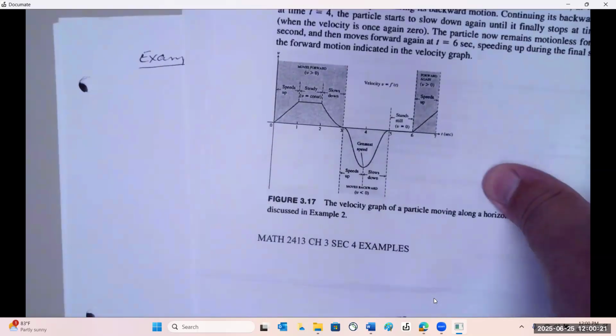This is how you interpret the velocity graphs. If it's going up, you're increasing, going down, you're decreasing velocity. And if it's below the x-axis, you're going backwards. So that's what it's telling you.